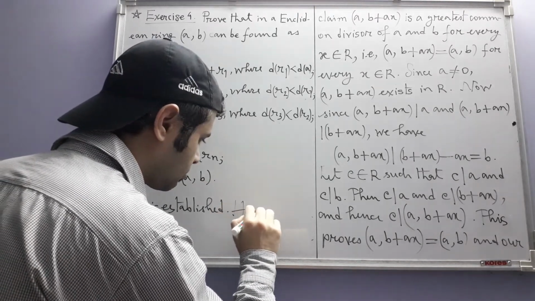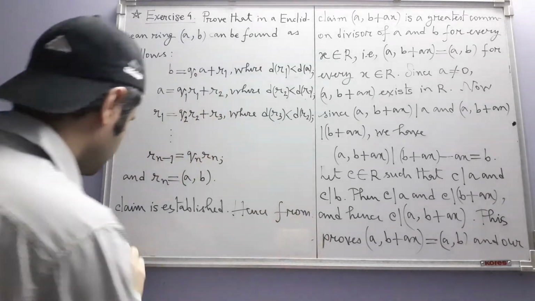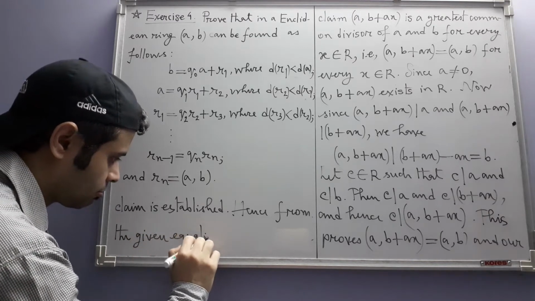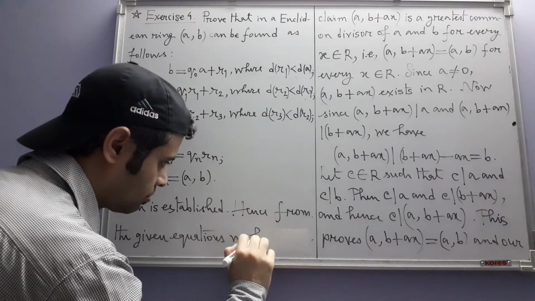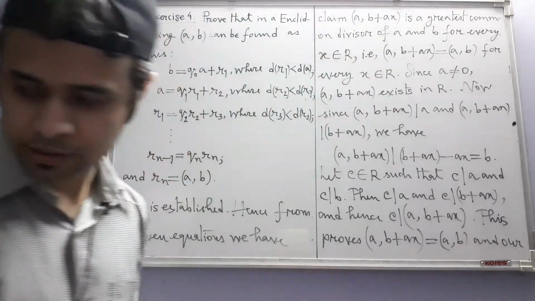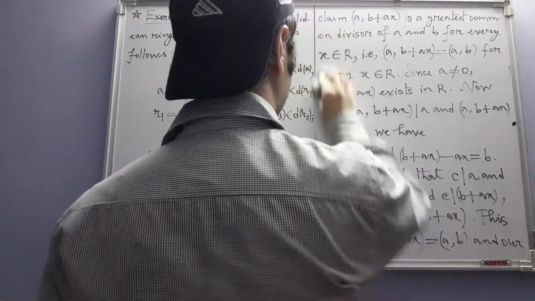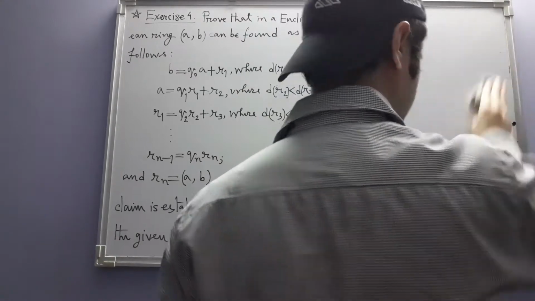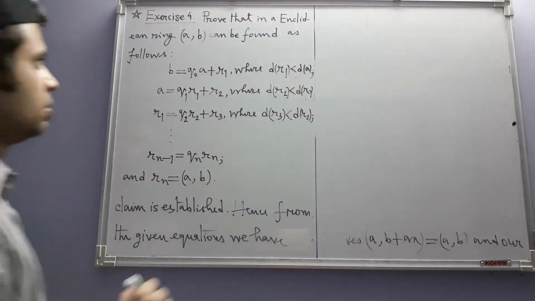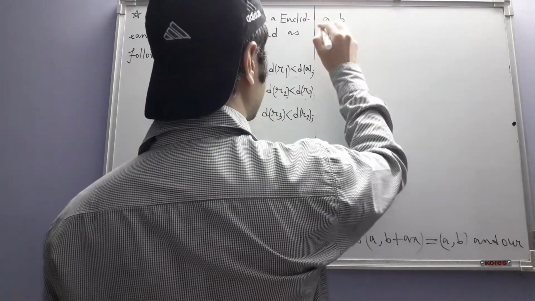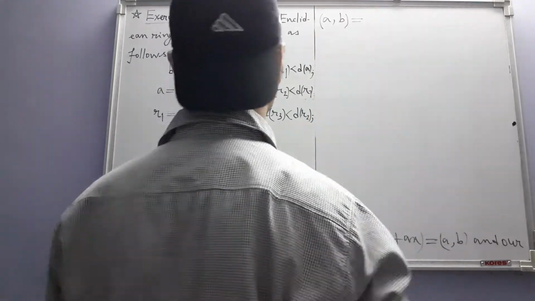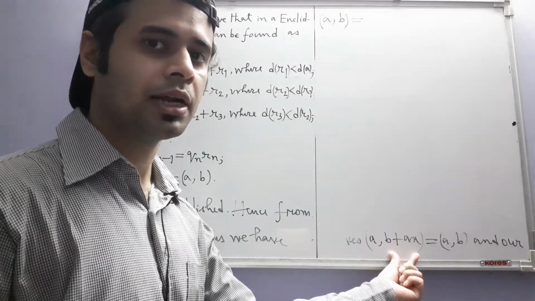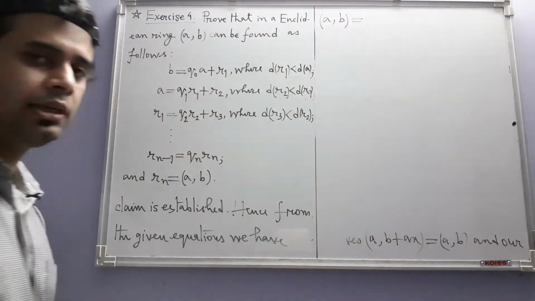Hence, from the given equations, we have the greatest common divisor of A and B equal to, note that in place of B we can replace B by B plus AX, where X can be any ring element.